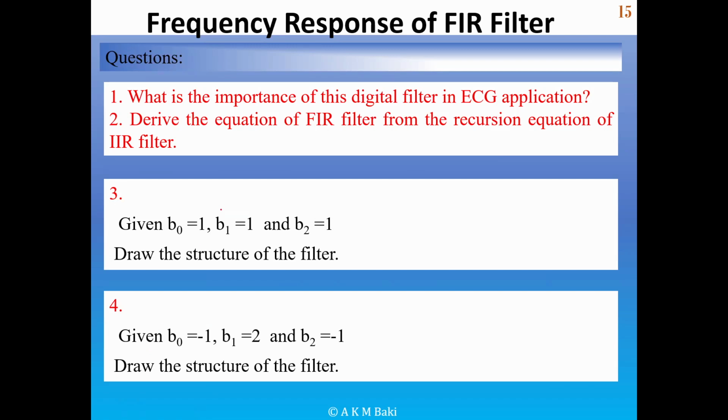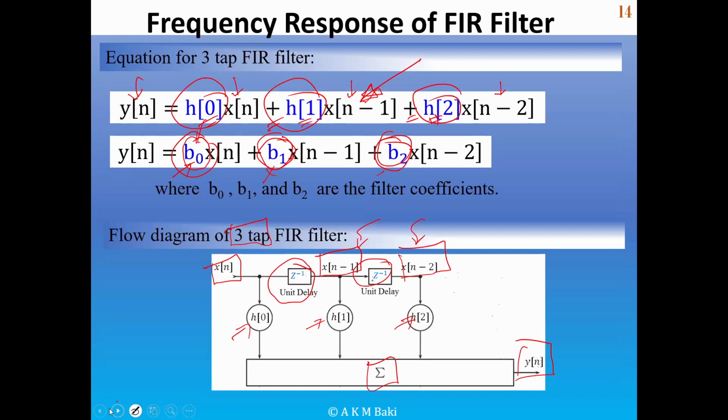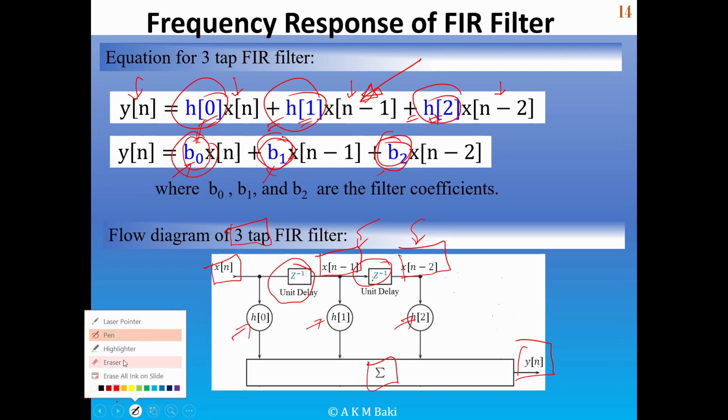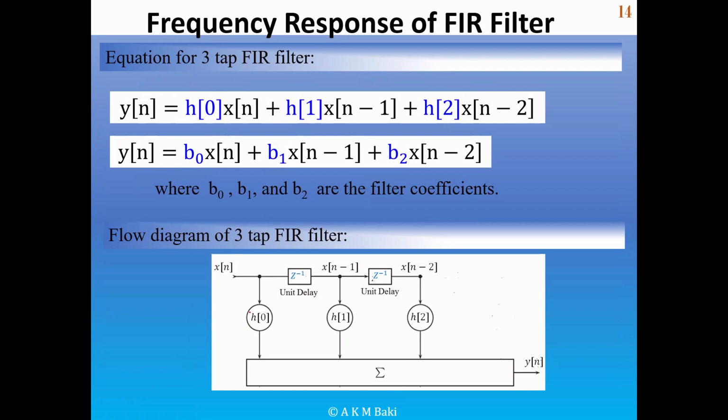Now, 2 examples are given. You can see the first example B0, B1, B2 given. Ultimately you are asked to draw the structure of the filter. I will say one example; I hope the next one will not be difficult for you. So the question there was to draw it. You have to consider all the things and just mention, instead of this notation, the coefficients.